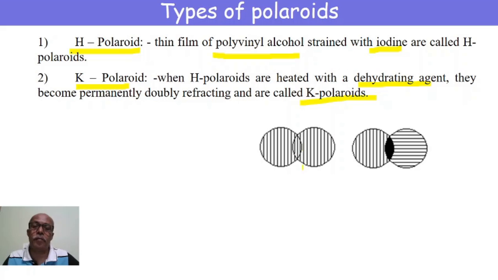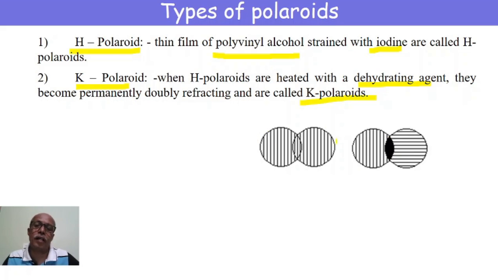In the first figure, both the Polaroids are parallel to one another, and in the second figure, the transmission planes of both the Polaroids are perpendicular to one another, and therefore this area is blocked. No light will pass through this area, and hence it is black in shade.